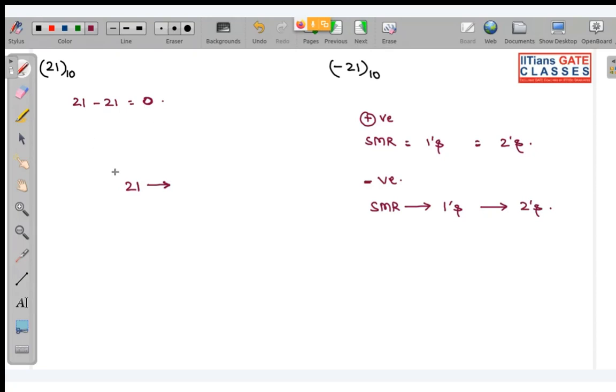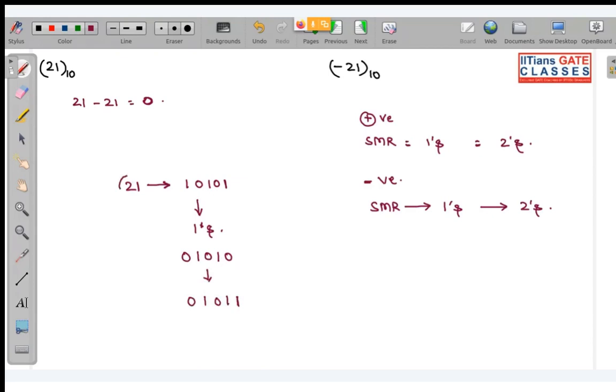I haven't told you whether this is in sign magnitude representation or not. Just represent it in 2's complement. So what are you going to do? First write the binary equivalent of 21. Then calculate the 1's complement, so that will be 0, 1, 0, 1, 0. Now for 2's complement, you add 1 to this, so this will be 0, 1, 0, 1, 1.